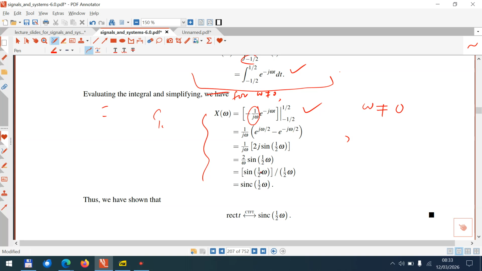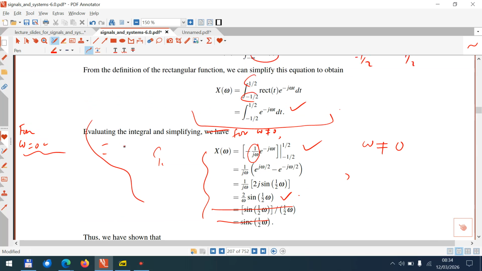And then you won't have this thing. You will just go this far, right? And then for omega equal to 0, you have to have a separate case, and you have to go back to this. So what happens here? What happens when you set omega to 0?